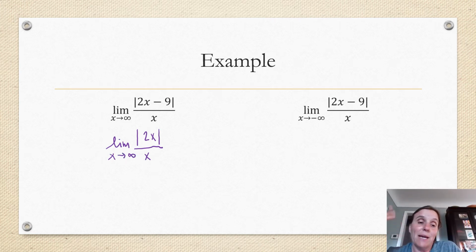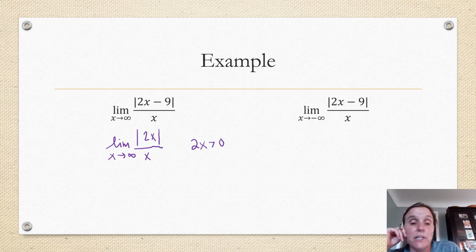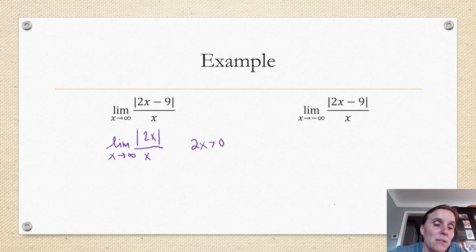So now we have the absolute value of 2x. X is going to infinity, so 2x is going to be positive because x is going to infinity. 2 times a really giant number would be a positive number. So that means that we could rewrite that as just 2x because the absolute value of a positive really doesn't do anything.